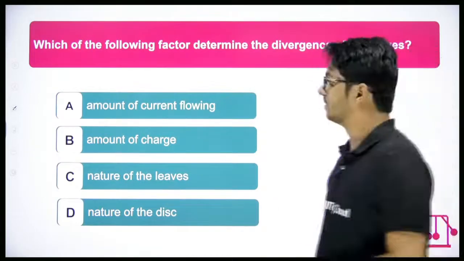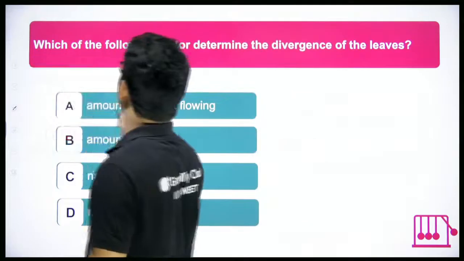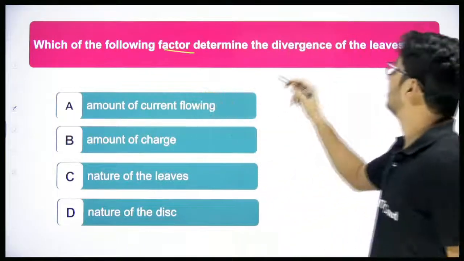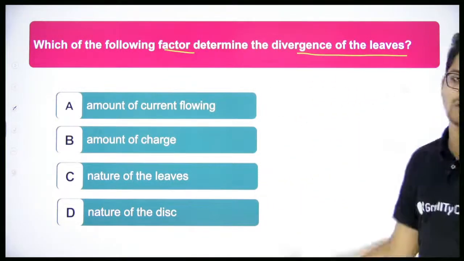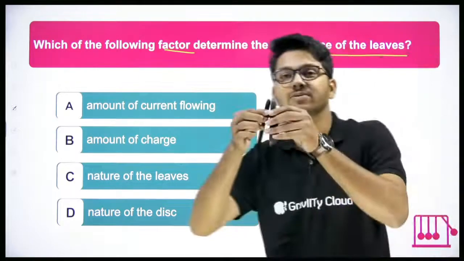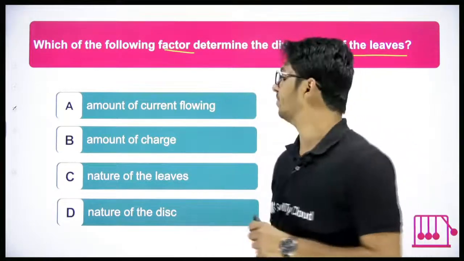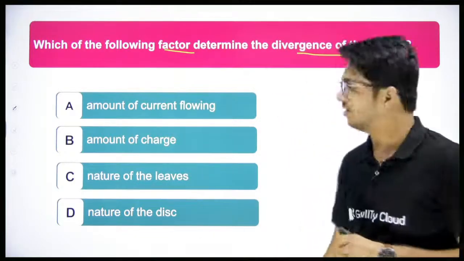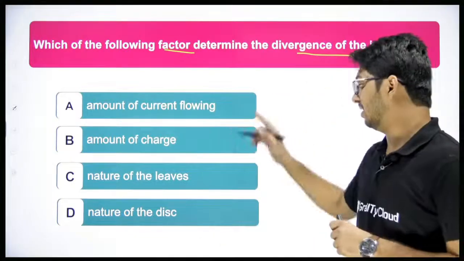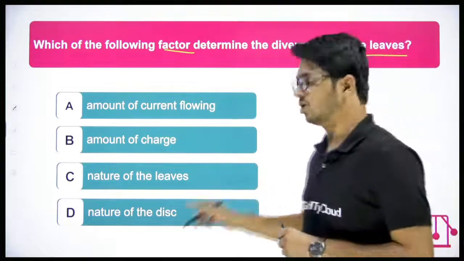Next. Which of the following factors determines the divergence of the leaves? How much the leaves diverge, what controls them? A, amount of current flowing; B, amount of charge; C, nature of the leaves; D, nature of the disc.